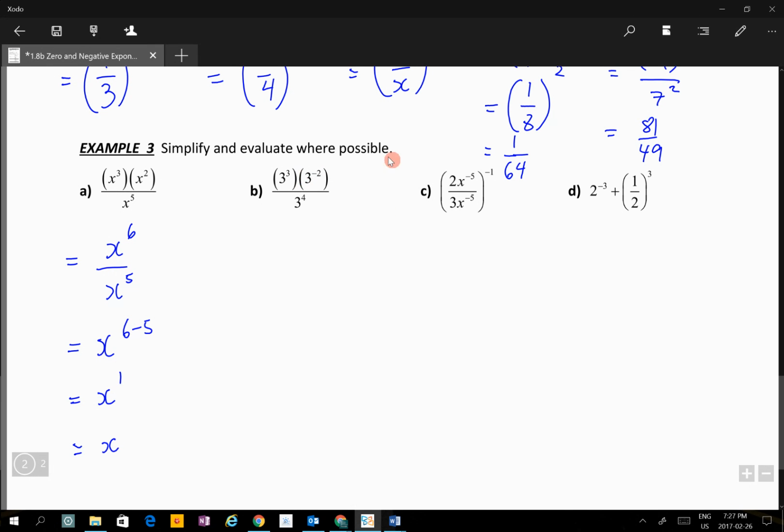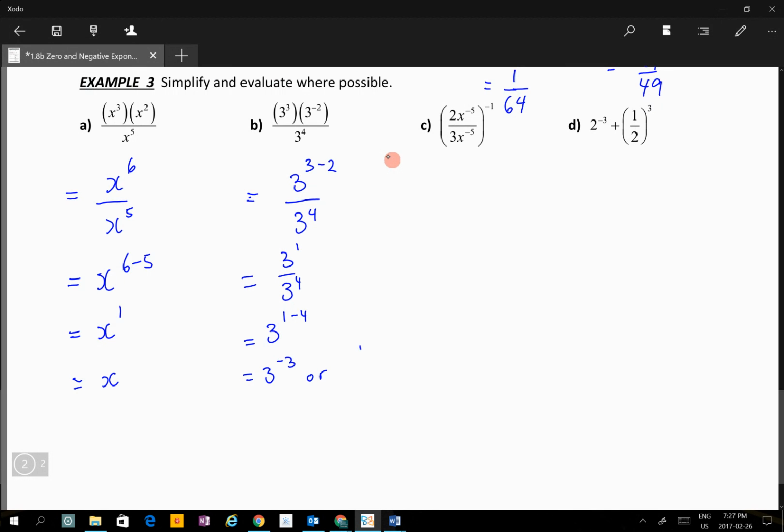Now, next one, same idea, product rule again. 3 to the power of 3 minus 2 over 3 to the power of 4. That's equal to 3 to the power of 1 over 3 to the power of 4. Quotient rule, 3 to the power of 1 minus 4, which is 3 to the power of negative 3. And then convert the negative exponent to a positive by taking the reciprocal of the base, 1 over 3 to the power of 3.